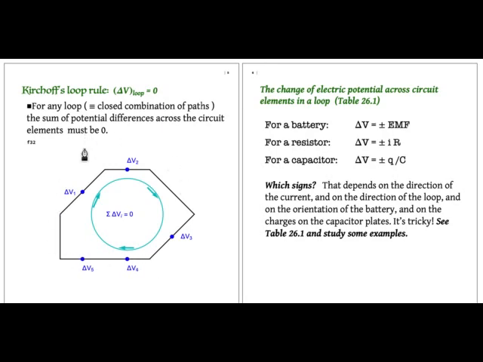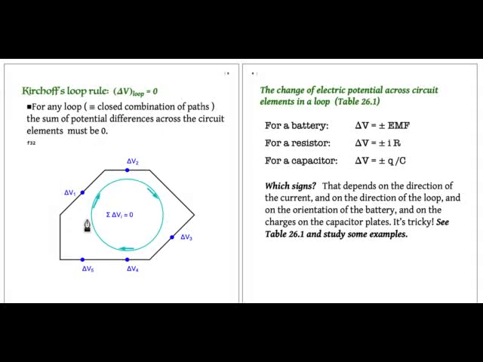Now, according to the loop rule, if I go around this path in either direction, clockwise or counterclockwise, but let's say I go around the path in the clockwise direction, the sum of the potential differences across the circuit elements must be 0. So delta V1 plus delta V2 plus delta V3 plus delta V4 plus delta V5 is equal to 0. The sum of all the delta V's is 0.